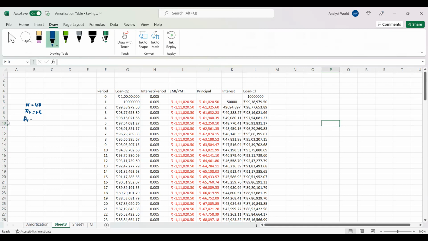The PV today is going to be minus 1 million. FV is obviously 0 because at the end of your tenure, your loan balance is going to be 0. You have to find out what my EMI is going to be. So press CPT, PMT, and it is going to give you a value. Can all of you do this and see whether this value matches with this or not? Can you confirm?